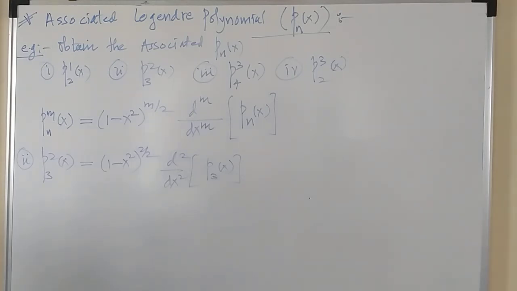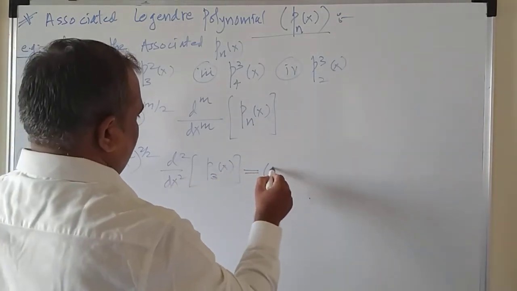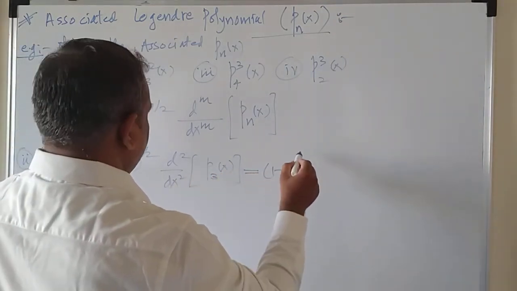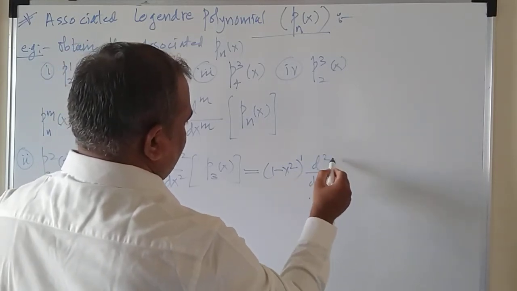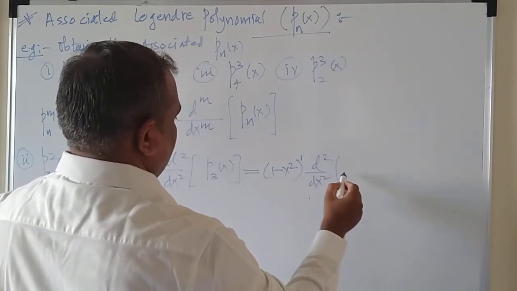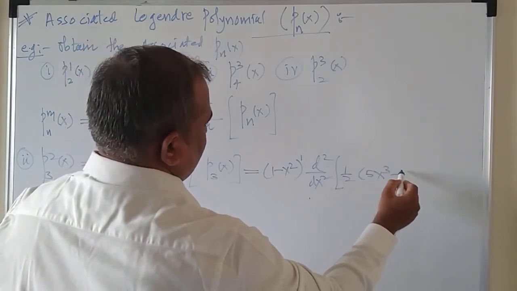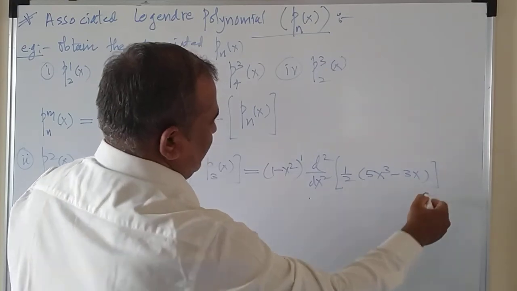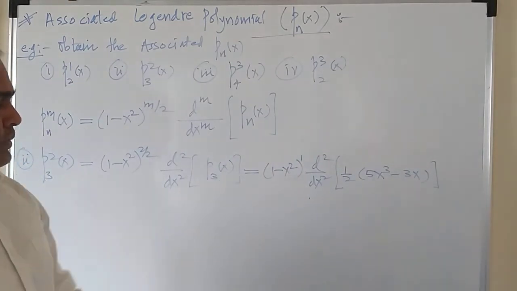It is 1 half times 5x cube minus 3x. So this will become equal to 1 minus x square raised to power 1 into the second order derivative of 1 half times 5x cube minus 3x.